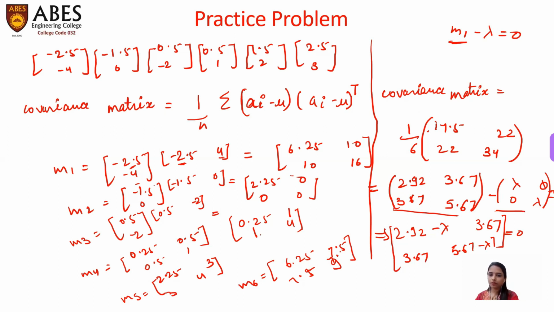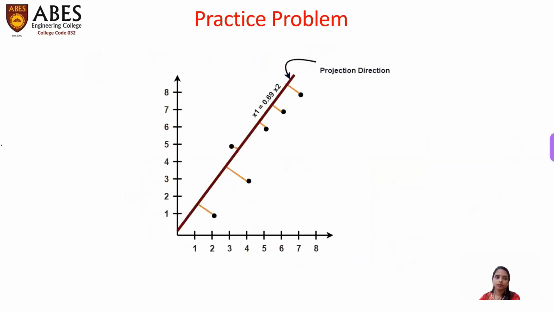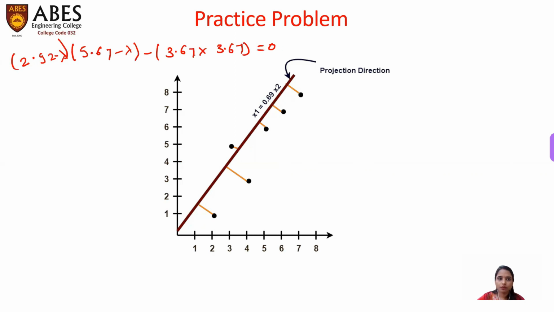From this, we got the equation: 2.92 minus lambda multiplied by 5.67 minus lambda, minus 3.67 times 3.67, equals 0.